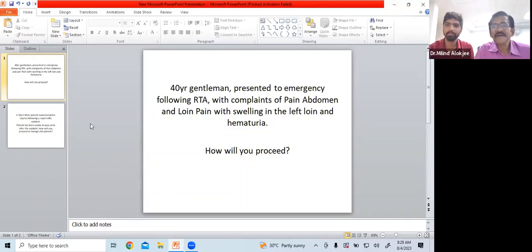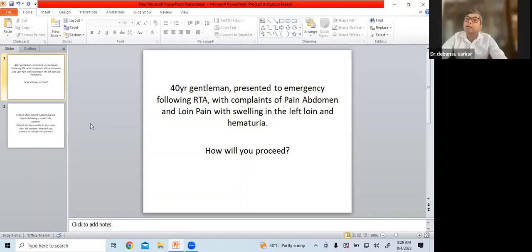So there are two situations. One is based on the clinical scenario, you need to explore. That is, if the patient is hemodynamically unstable and you do not know the cause. It can be renal injury, liver injury, or a major vascular injury. Second is if you find any penetrating trauma to the loin, whatever the findings, you need to explore.